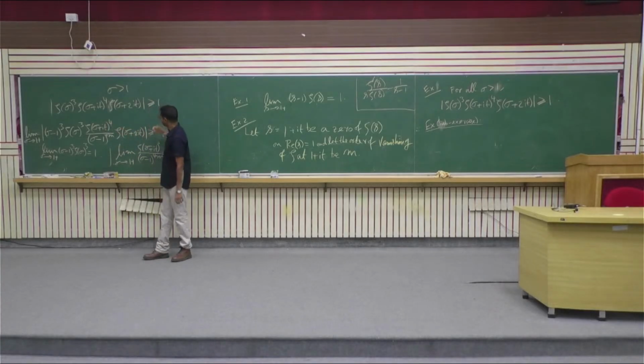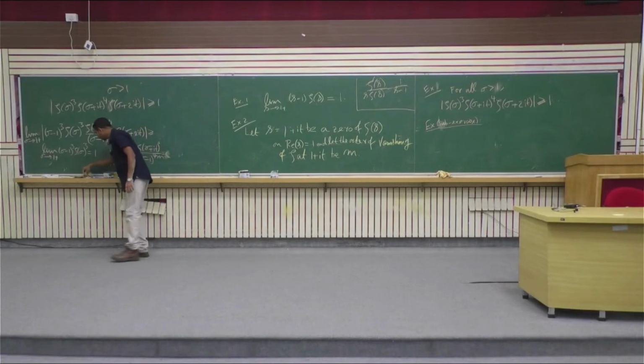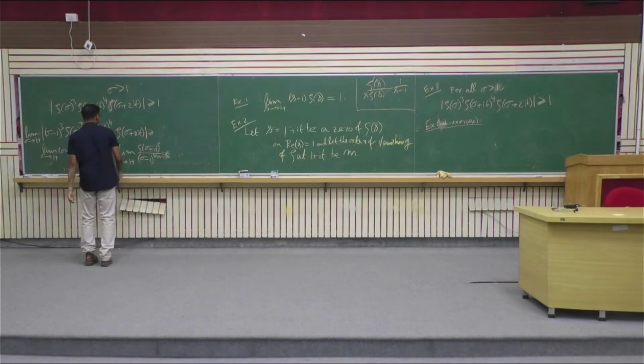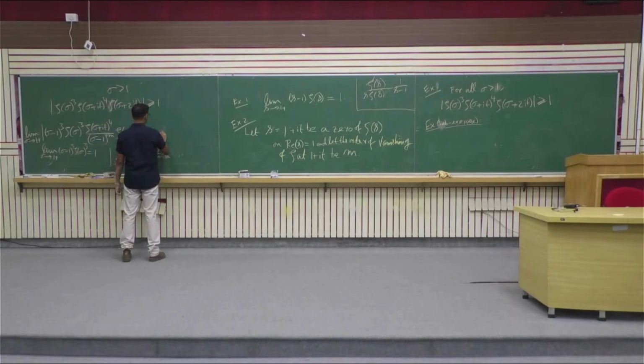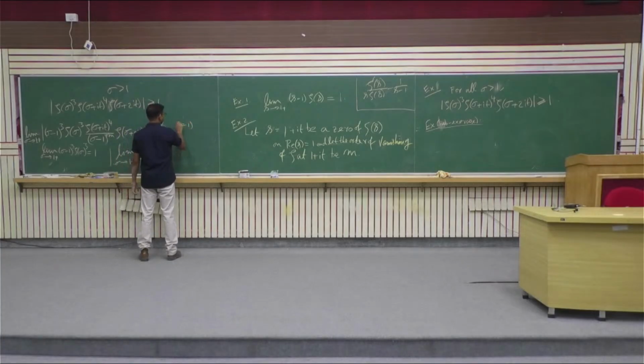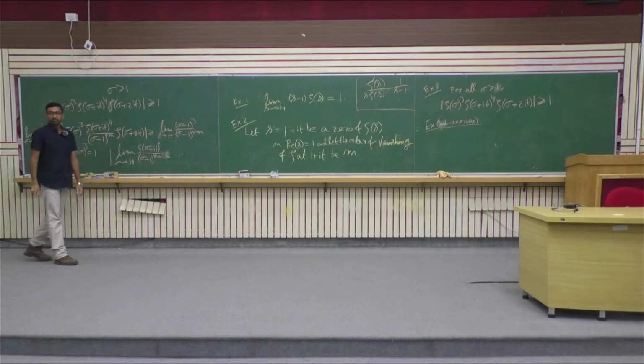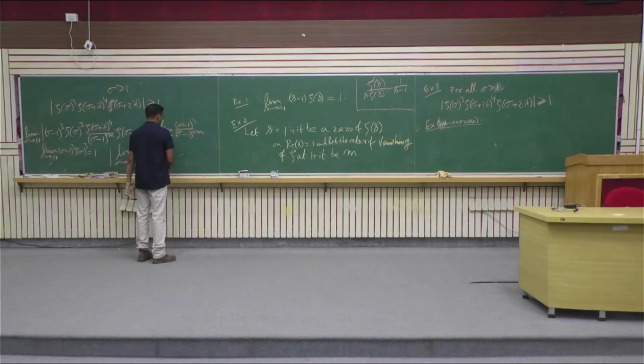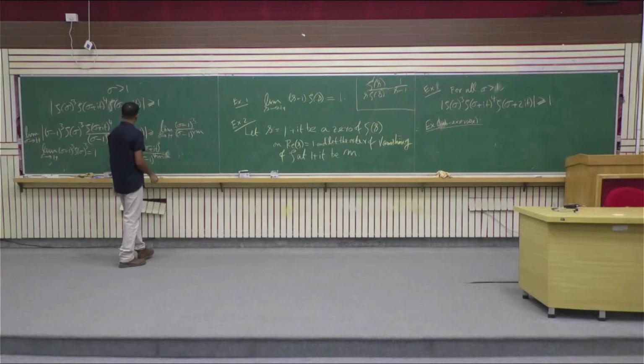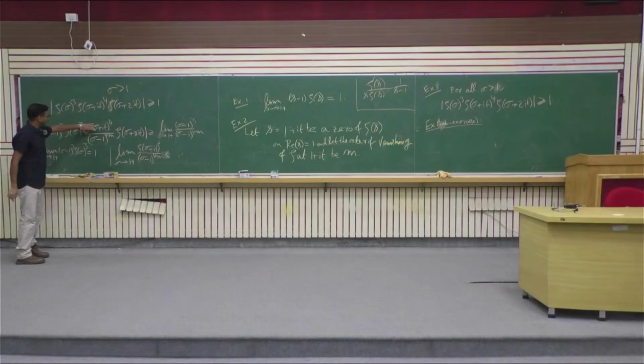That's why I wiped the right part, because this should be larger than or equal to the limit of (sigma minus 1) cubed by (sigma minus 1) to the power 4m as sigma goes to 1 plus, right? Okay. And now these two are converging to some constant, right?